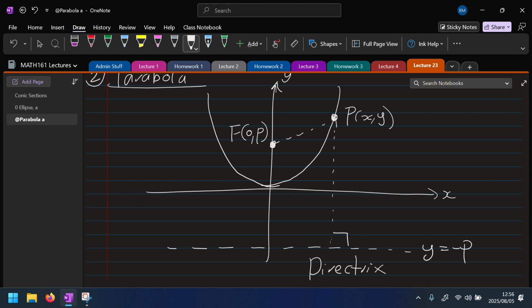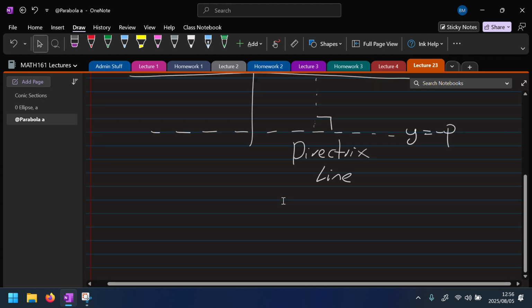So once you've done all of this construction, FP, line from there to there, this line is equal to this line. And that's it. That's the definition. So you put your focal point F, you put your directrix line y equals minus p. Then for any point on the parabola, the distance from that point to the focal point is the same as the distance from that point to the directrix. So those two have the same distance. That's how we define the parabola.